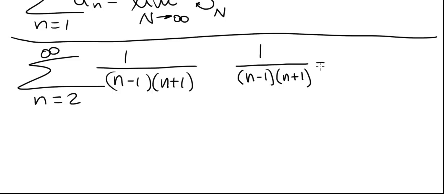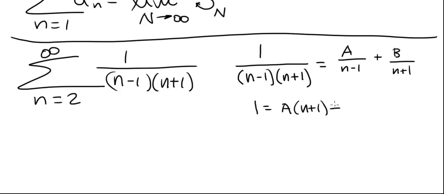So we'll take this rational function that is 1 divided by a product of two linear polynomials, write it as A over the first plus B over the second, and multiply both sides by the denominator, and we have 1 equals A times n plus 1 plus B times n minus 1.